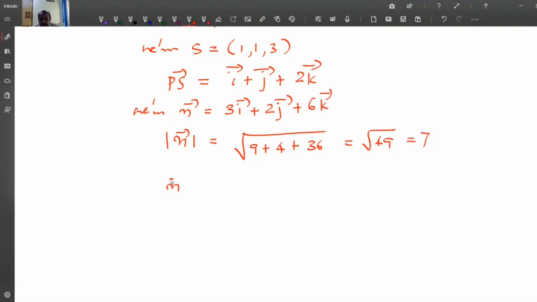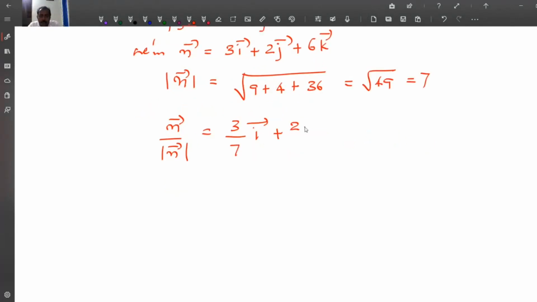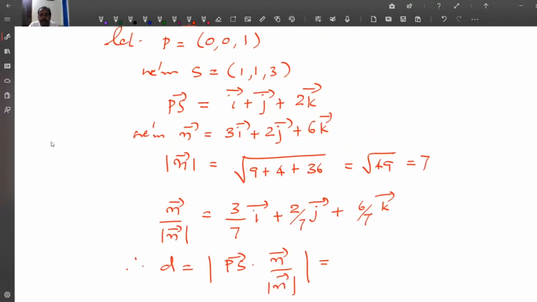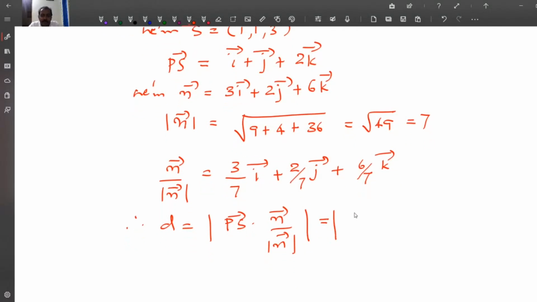So n by modulus of n is 3 by 7 i, 2 by 7 j plus 6 by 7 k. Therefore d is equal to modulus of PS dot n by modulus of n, that is equal to modulus of (i plus j plus 2k) dot (3 by 7 i plus 2 by 7 j plus 6 by 7 k).